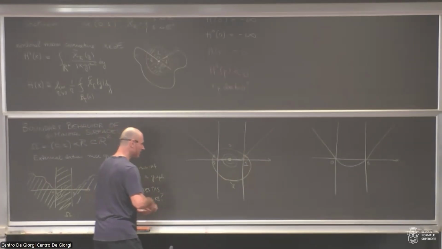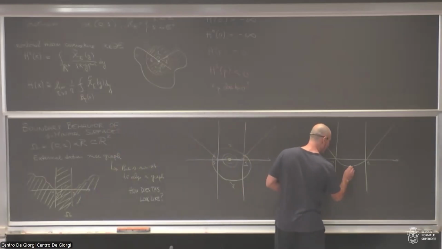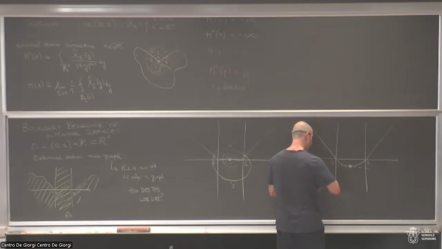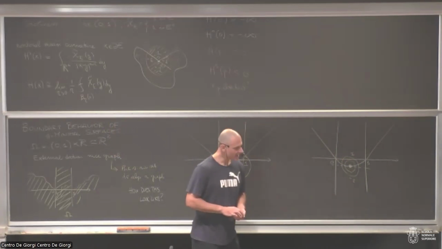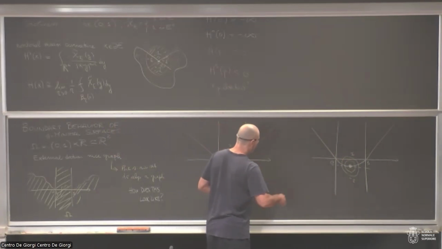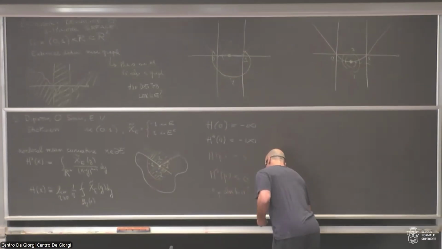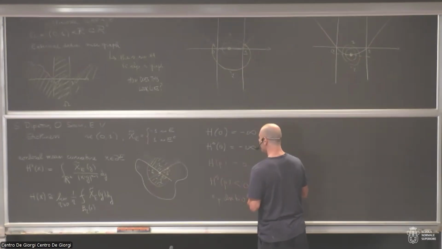It's even worse because if you compute the mean curvature here, you can do exactly the same. Now, it's even worse because even locally, you see more -1s than 1s. Okay, then third possibility.